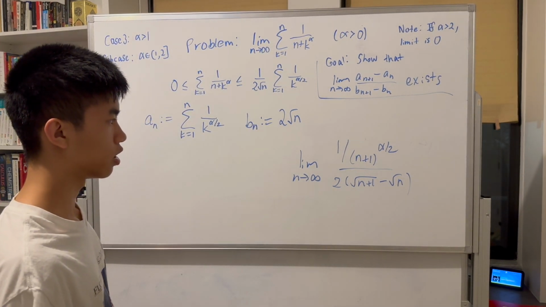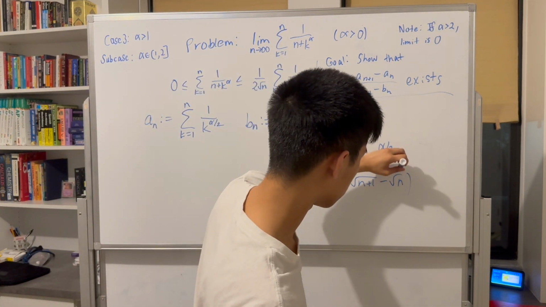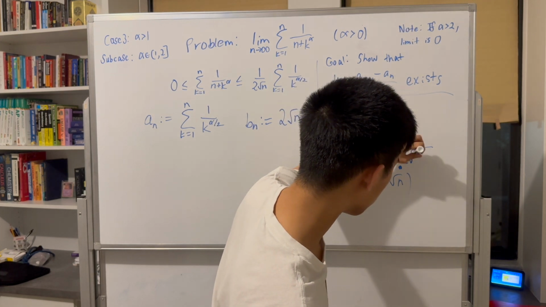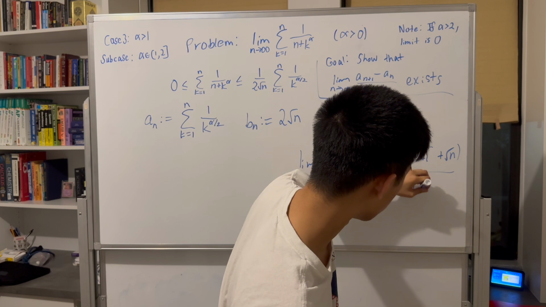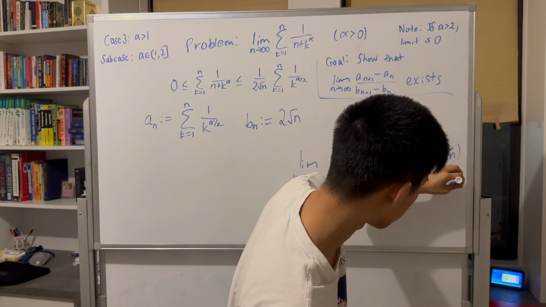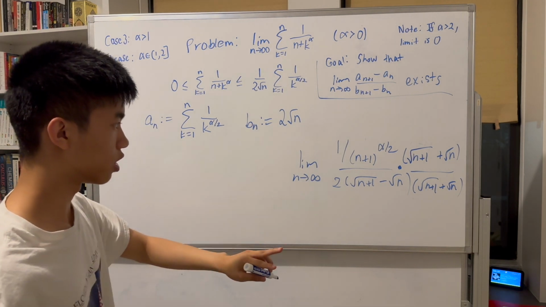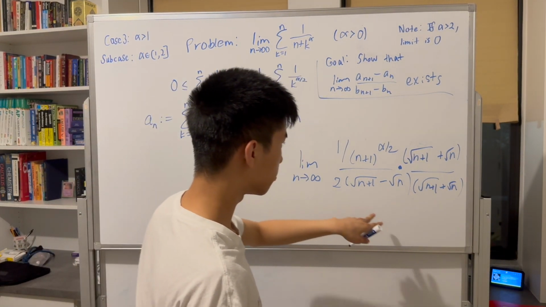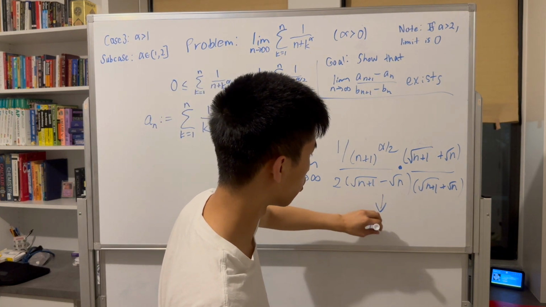Now we can multiply by the conjugate, root n plus 1 plus root n, in the numerator and denominator. Then the bottom term, by difference of squares, just ends up turning to 1.